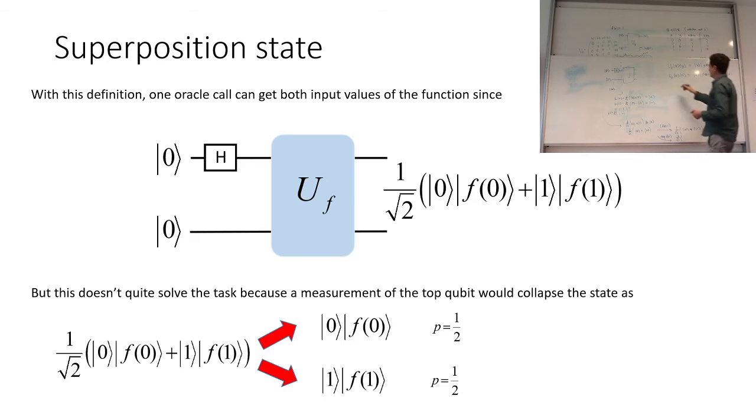For 0, 1, y is 1 here, so it's going to be the flipped version of f of x, f of x bar.